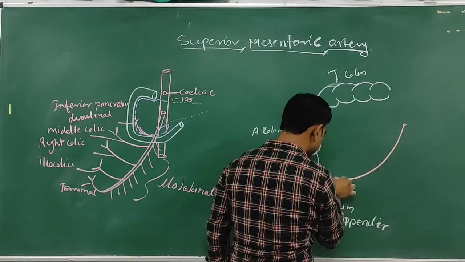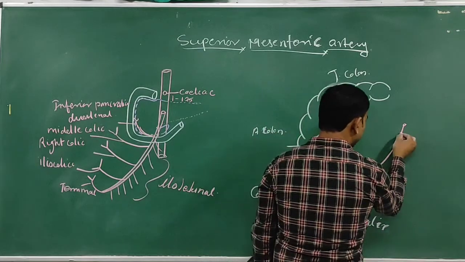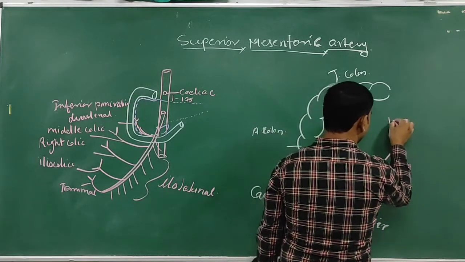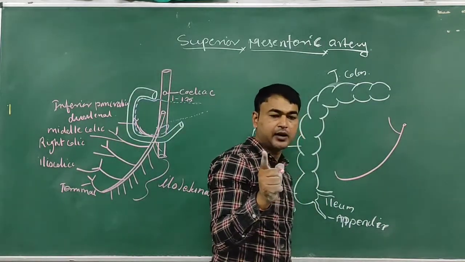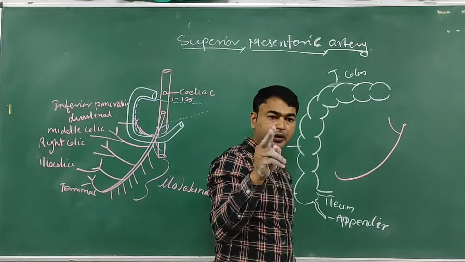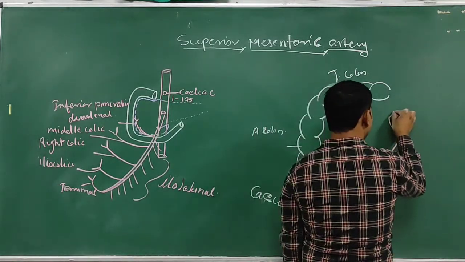Draw here the superior mesenteric artery. It gives a first branch, the inferior pancreaticoduodenal artery, which terminates in two branches, right and left.